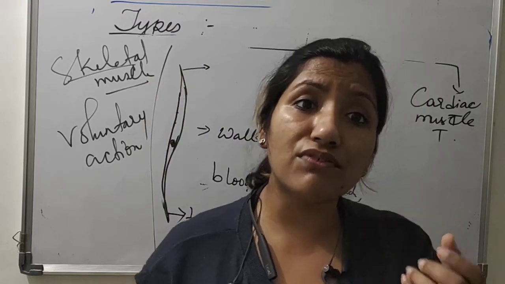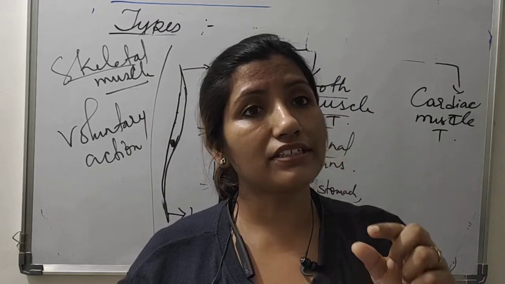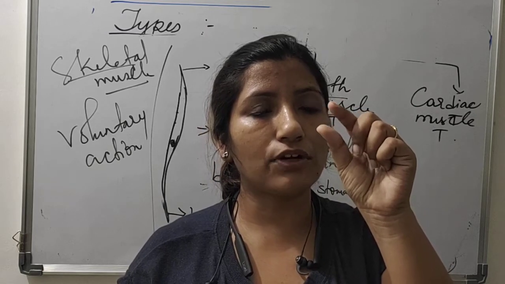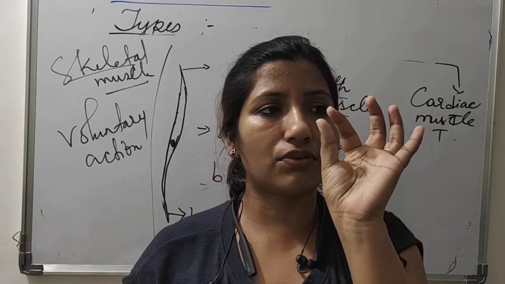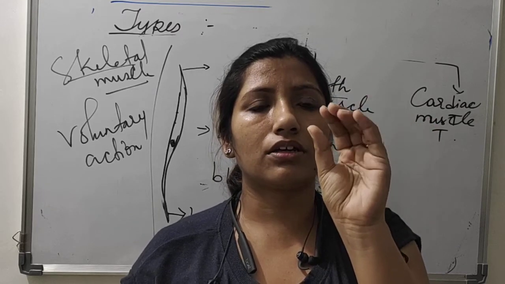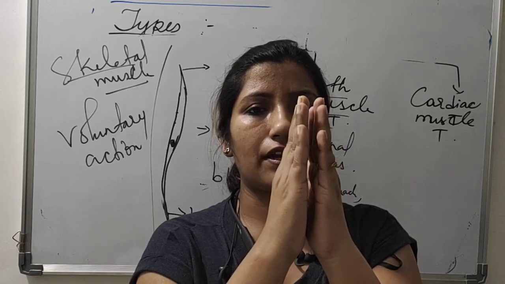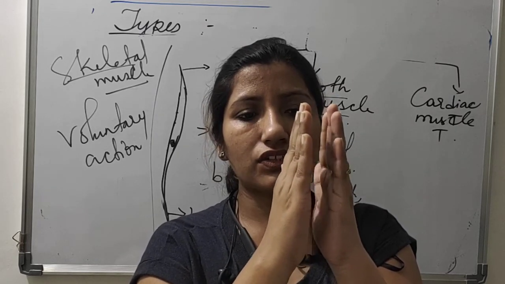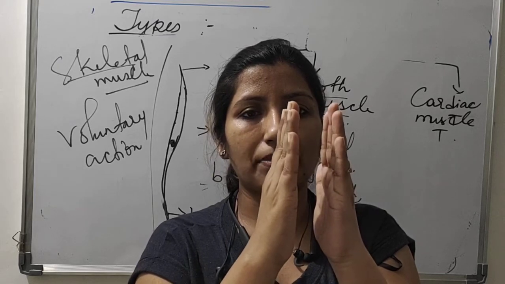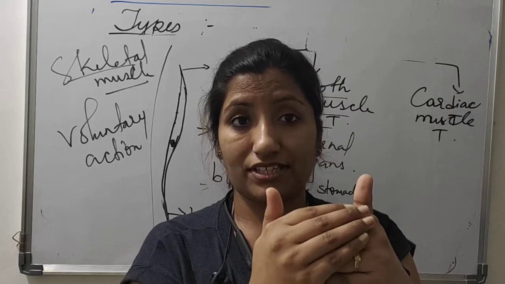In the same way, the blood vessels also have muscle. In certain cases, the blood vessel will constrict, which means it will become smaller in area. In some cases, near the kidney it is required. And in some cases the blood vessel will dilate, it will become bigger in area. It is due to the smooth muscle present in the blood vessel's wall.